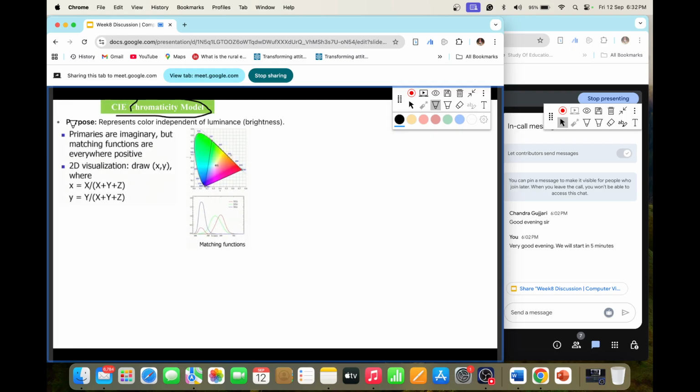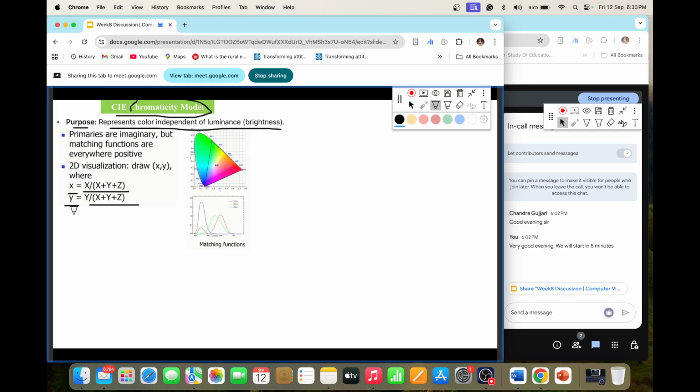The chromaticity model's purpose is to represent color independent of luminance or brightness, because Y is for luminance. So here it converts it into a 2D visualization model, and small x can be given by capital X by X plus Y plus Z. Similarly, small y can be given by capital Y by X plus Y plus Z.